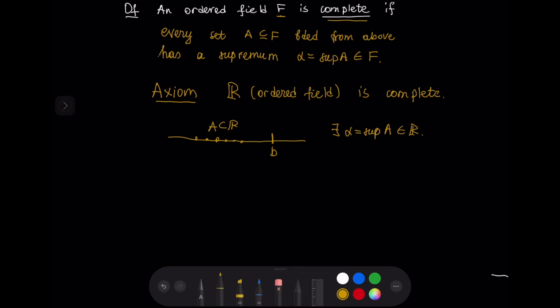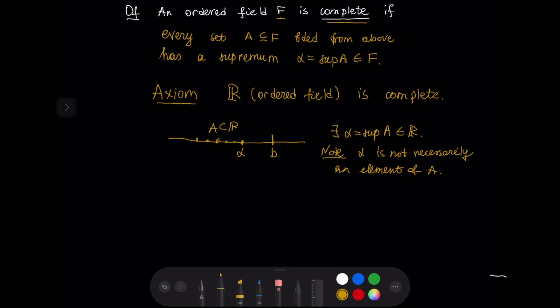Now, it is very important to say that the supremum, alpha, doesn't have to belong to the set A. So note, alpha is not necessarily an element of A. And we are going to consider an example that will illustrate this.